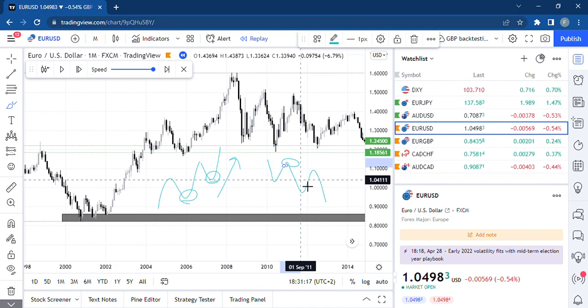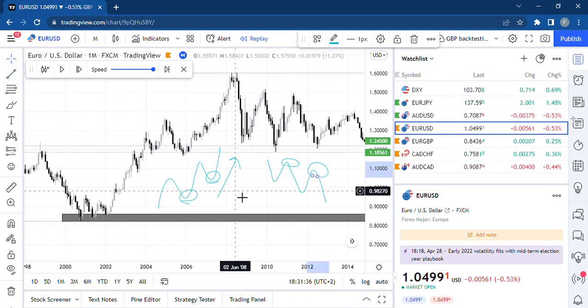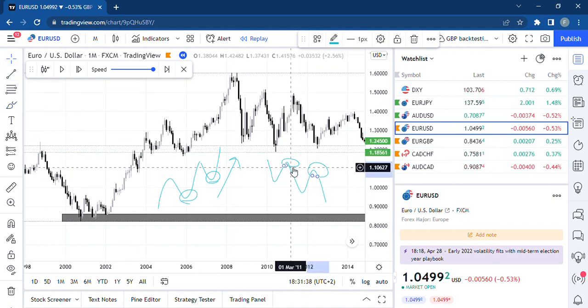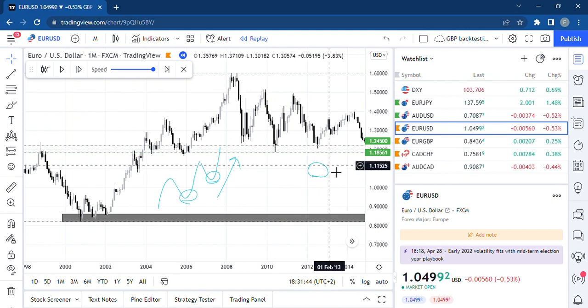Now I'm going to teach you a way to trade and how to enter some of these trades. As you can see, we have a high and a low. I'm not going to teach you how to trade these now, obviously, because it's something that cannot be taught in one lesson.